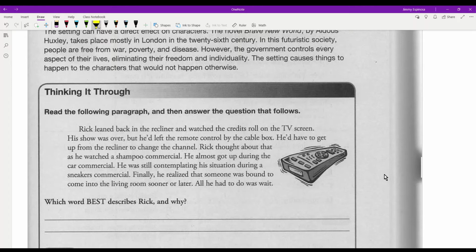If you say that he's smart because he's going to wait for somebody else, because he knows somebody's going to show up, then you need to explain why. Either way, the answer would be right as long as you explain it correctly, that your reasoning is sound. That is very important. So your job is to answer this question before you move on to the next section. Give me a sentence where you explain the why, and you're good to go.